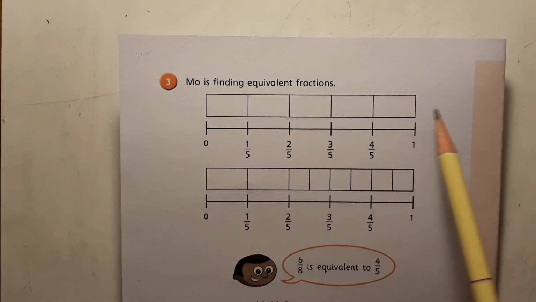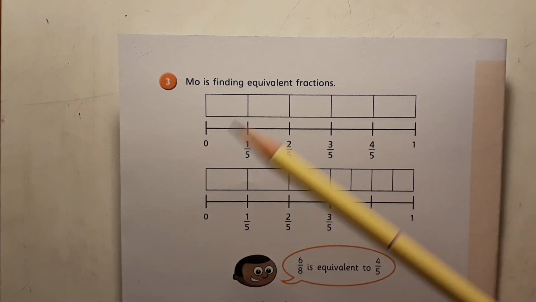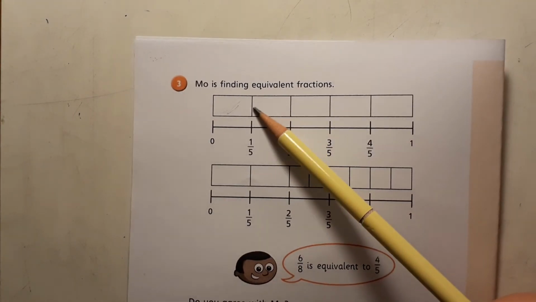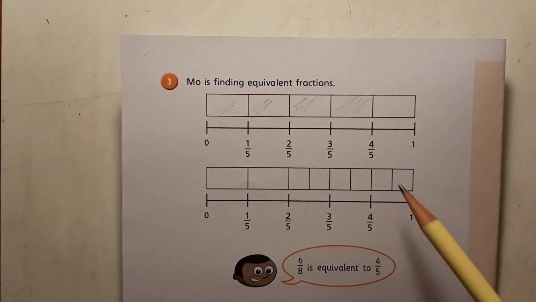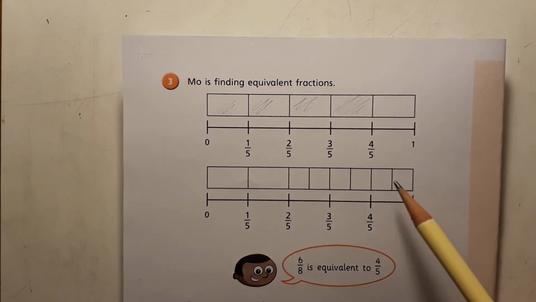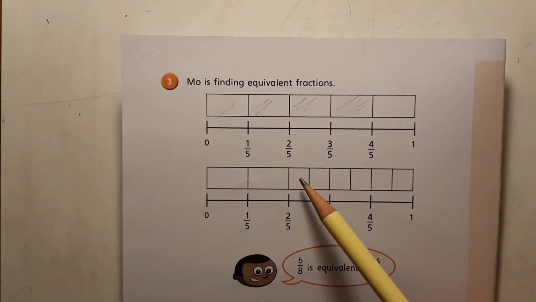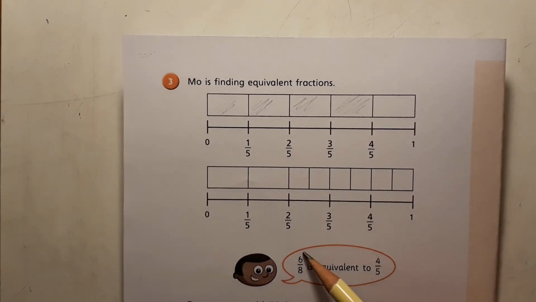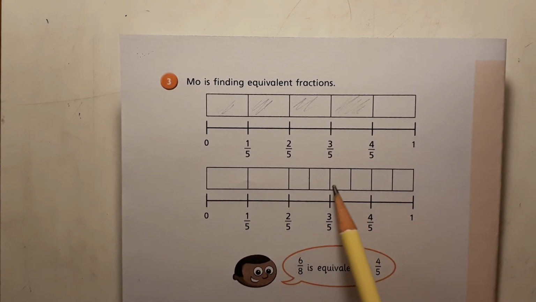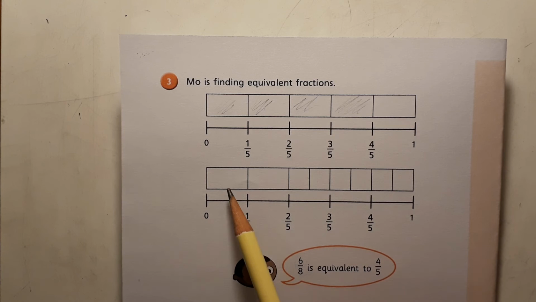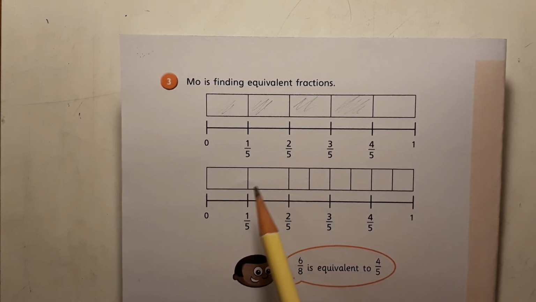What they've done is they've given you a bar for you to work out 4/5 fifths, and then they're trying to show you 1, 2, 3, 4, 5, 6, which is our numerator here. But if we've got 6, we can't do it out of our eighths in the same way.